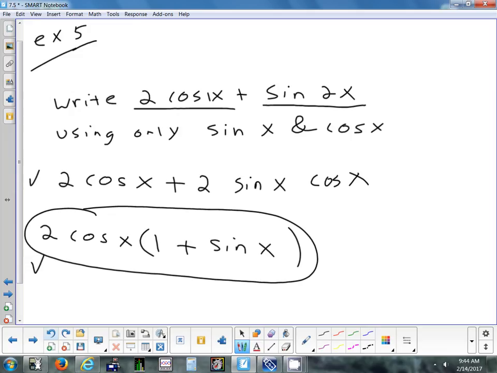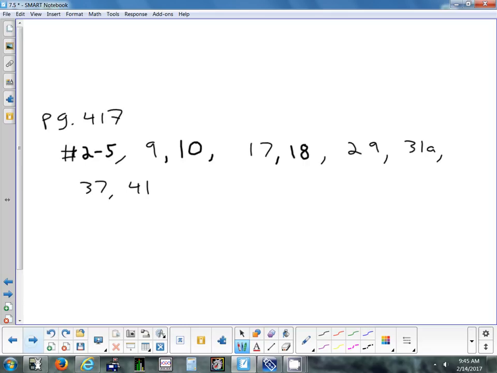So you've got the Pythagorean ones, the quotient ones, the reciprocal ones, and now you've got the double angle and the sum and difference. Okay, and that pretty much is all we do with them in pre-calc. And if you're wondering in general, is that all the identities there are? No, there's thousands of different identities. You guys know about 20 or so, but you know the most common ones.